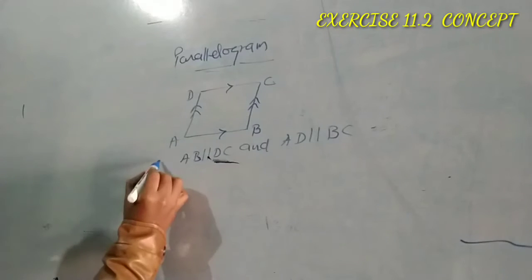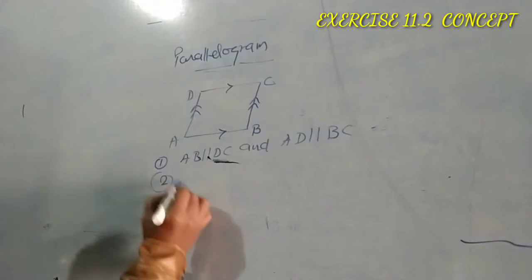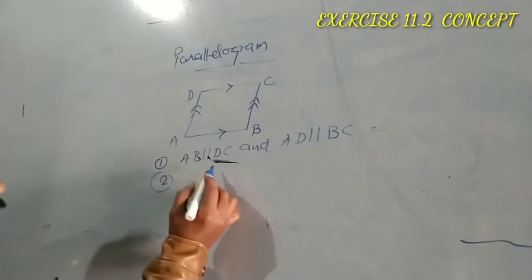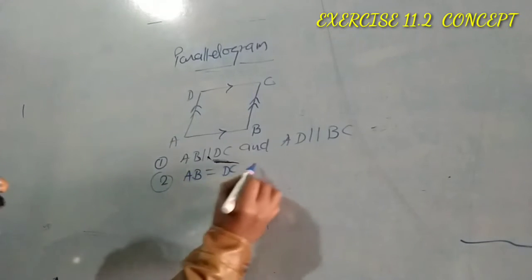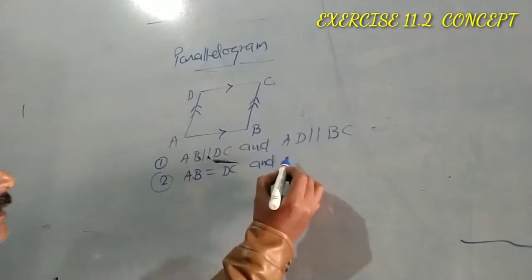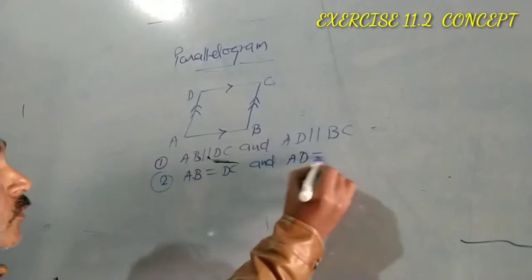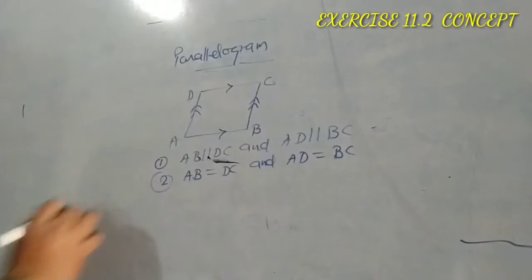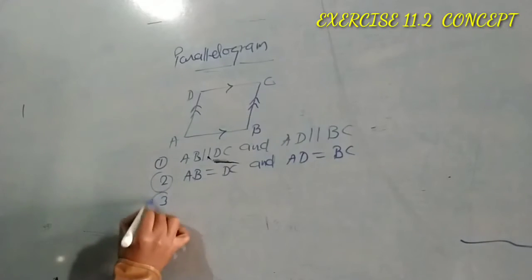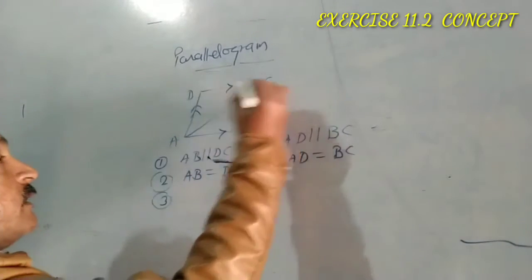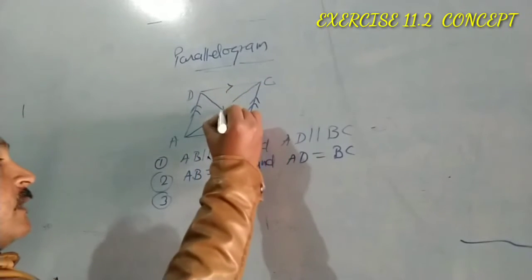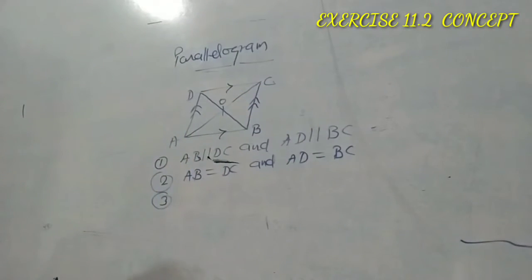One more thing, opposite sides are also equal to each other, meaning AB will be equal to DC and AD will be equal to BC. Third, if I join the diagonals, then the diagonals of a parallelogram bisect each other.